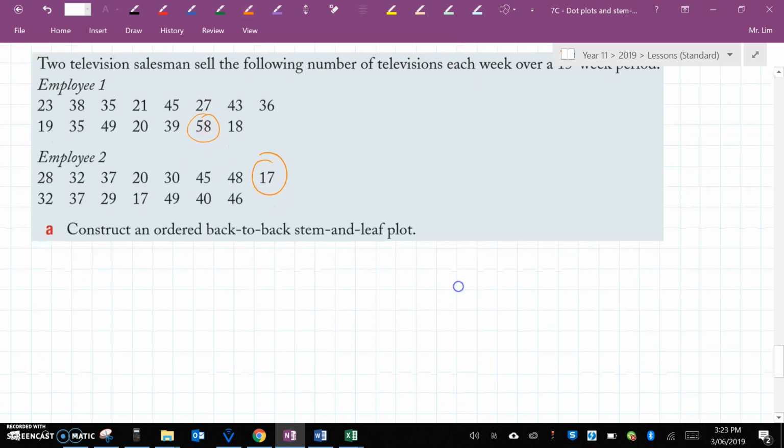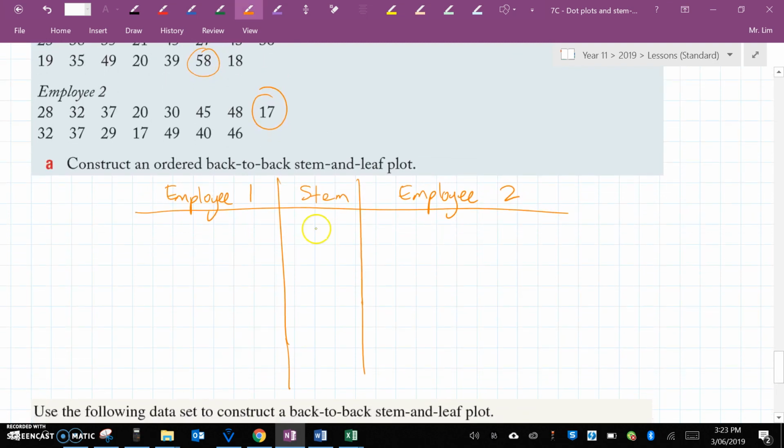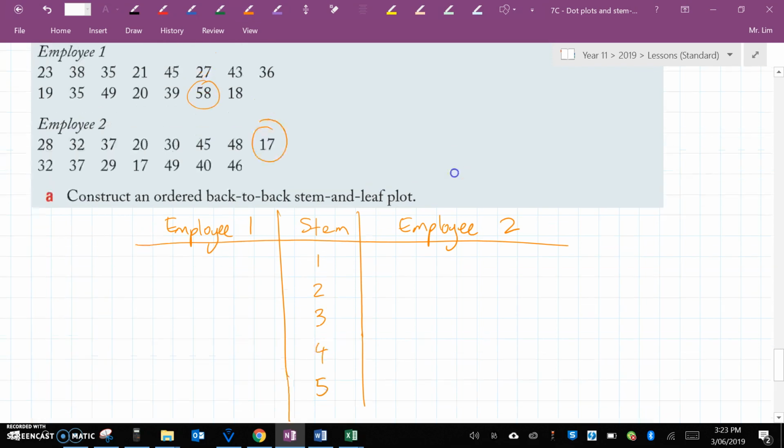So I'm going to have employee 1, my stem, and employee 2. I'm going to go from 1 to 5. I'm going to fill this out.